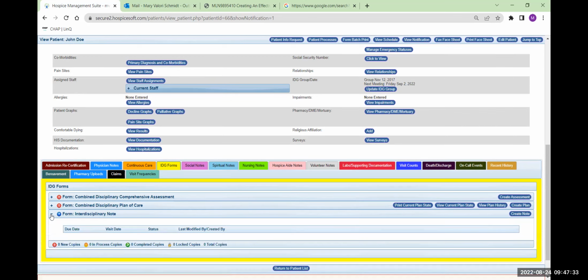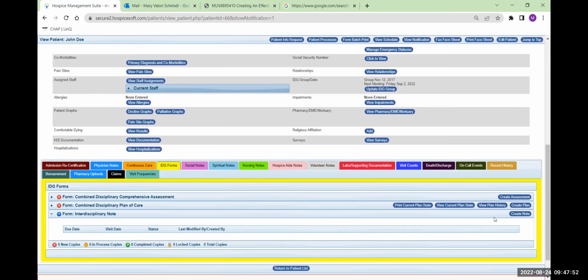So I'm going to start with the Interdisciplinary Note. That's the easiest part. Well, they're all easy, really. The note is what you would write, and you means social services, spiritual, and nursing, right? Just a quick blip about what went on in the last 2 weeks.